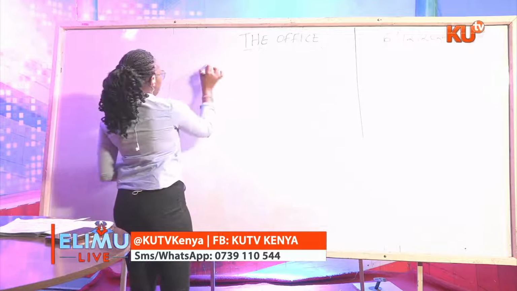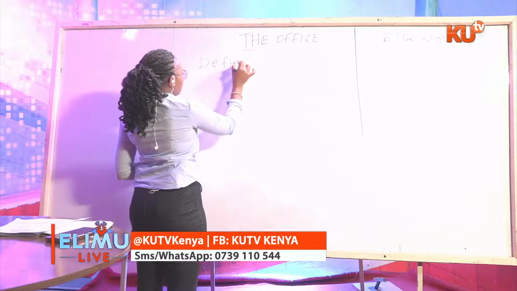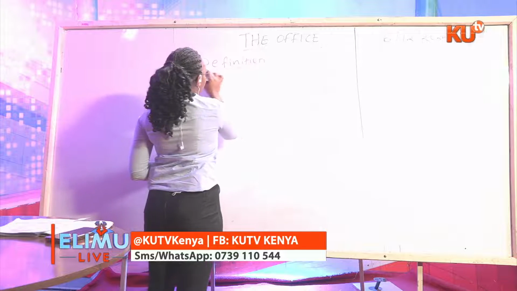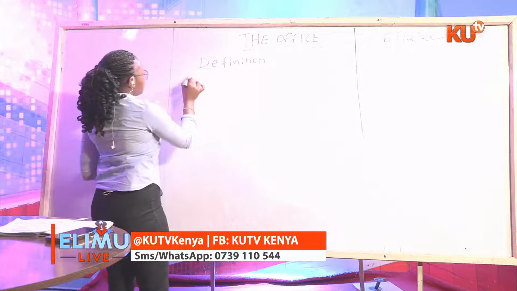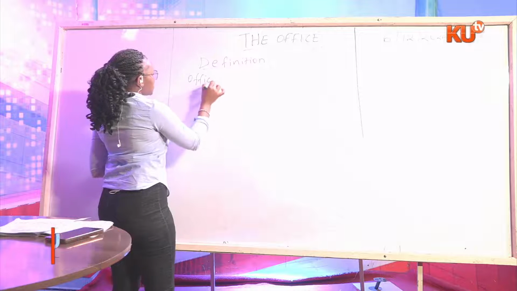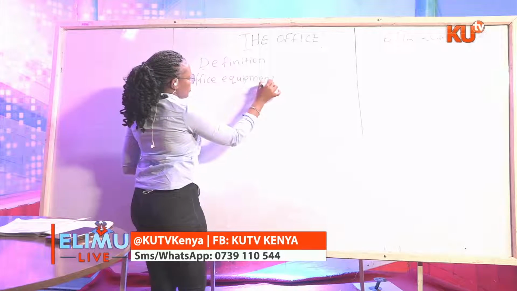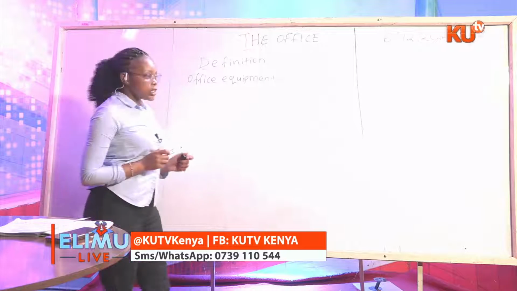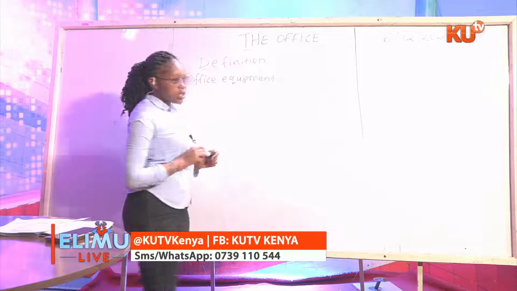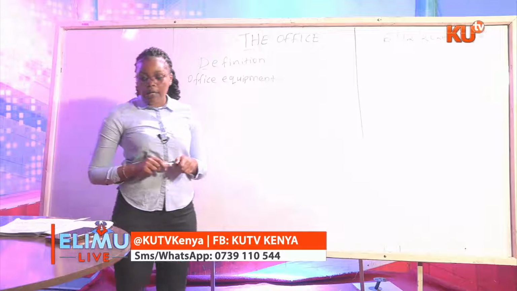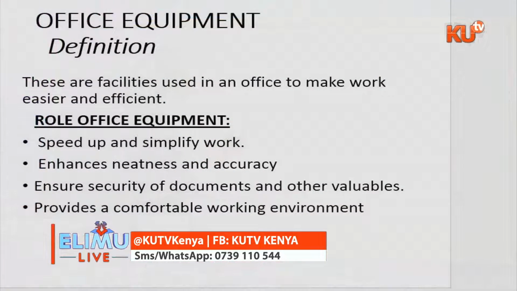First of all, let's look at the definition. Office equipment. These are the facilities that are used in an office that make work easier and efficient.